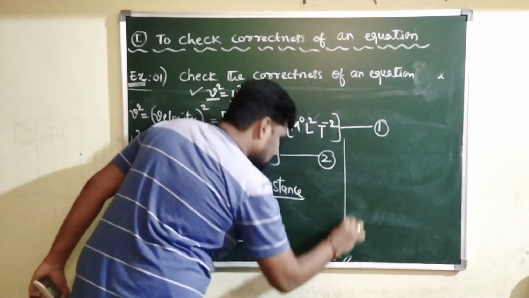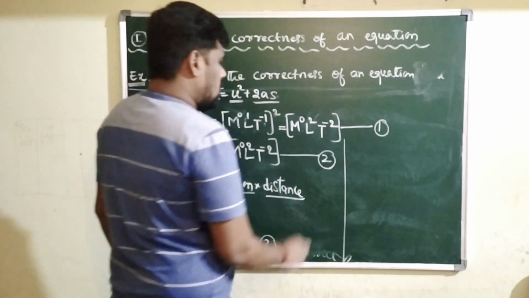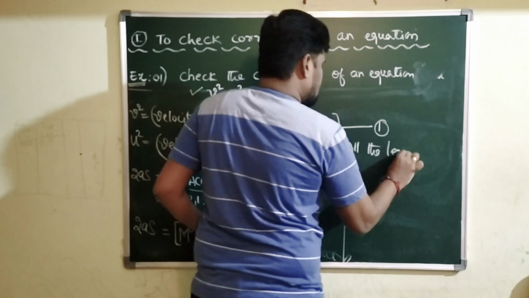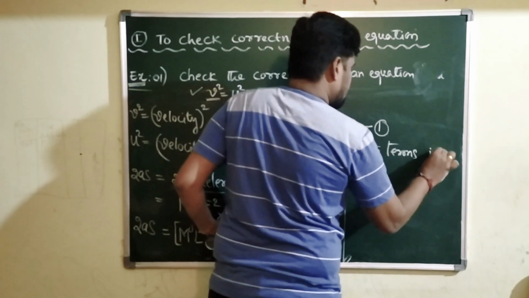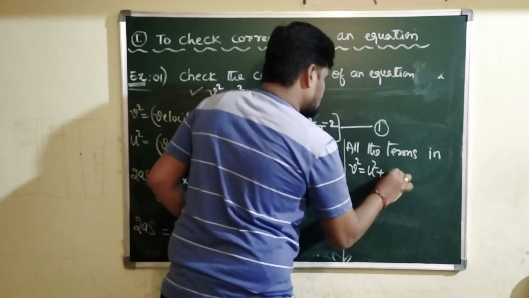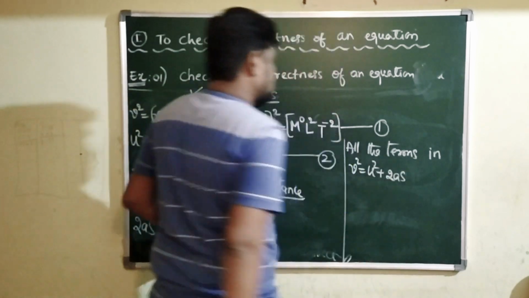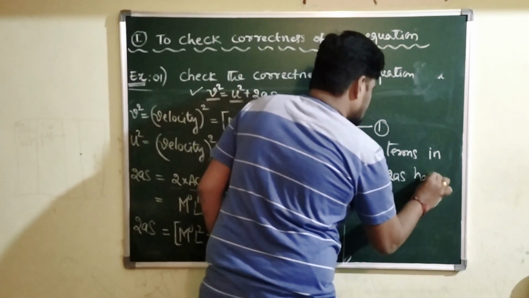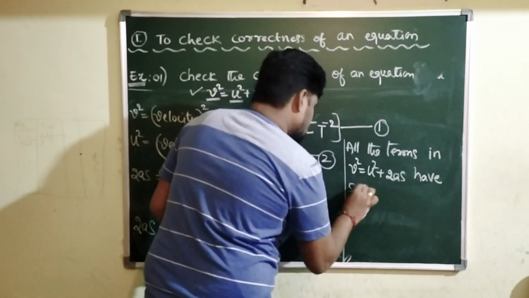So, what is the result here? All the terms in V square equals U square plus 2as have the same dimensions.